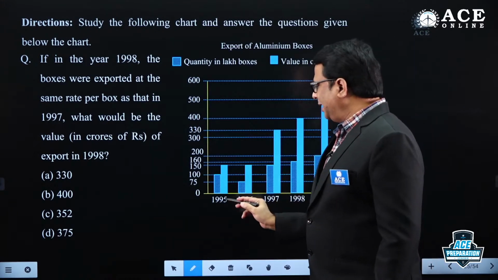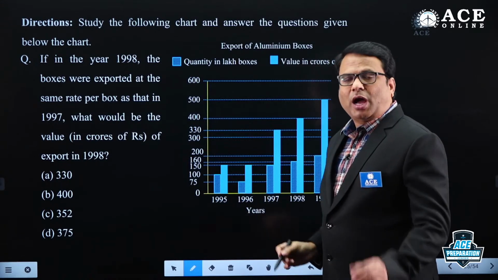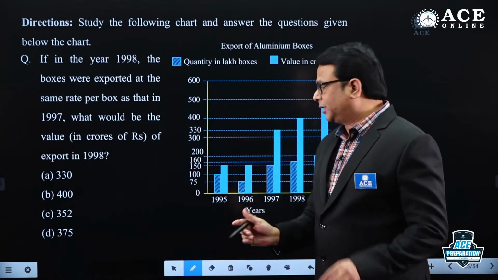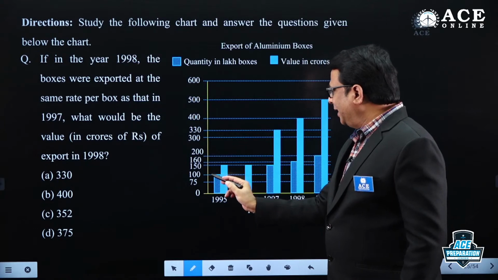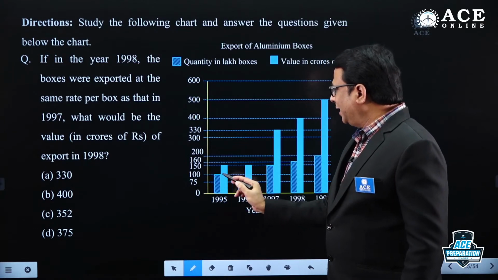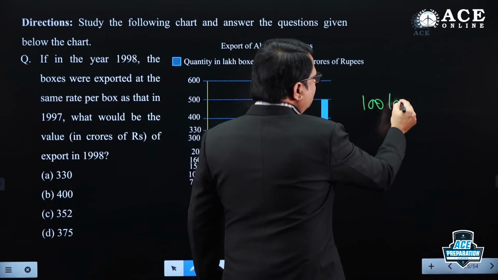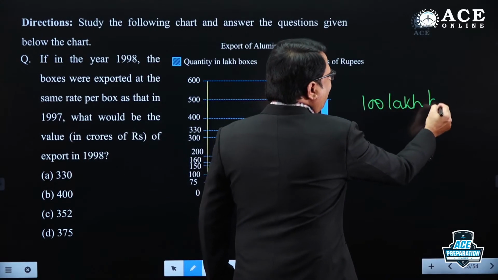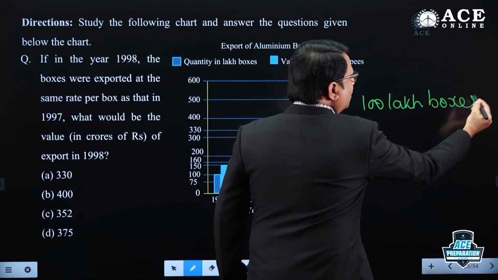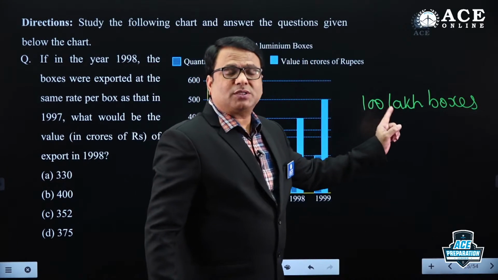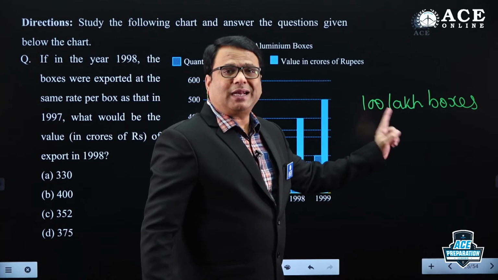For example, in 1995, how many boxes were exported? Look at this, it is coming to 100. So 100 means 100 lakh boxes were exported in the year 1995.